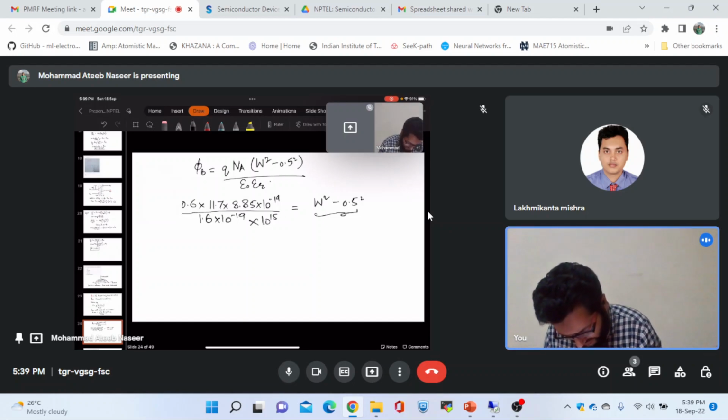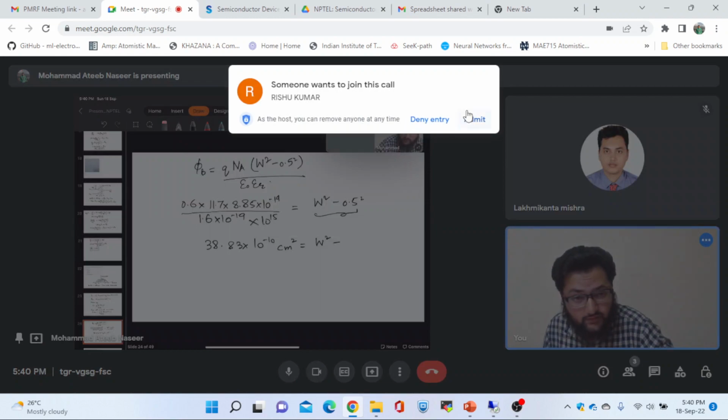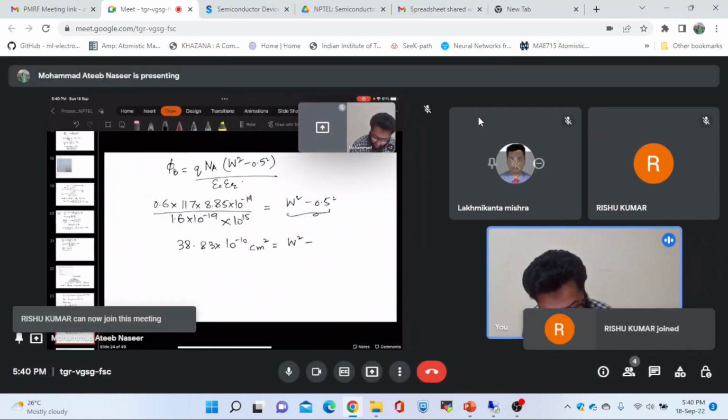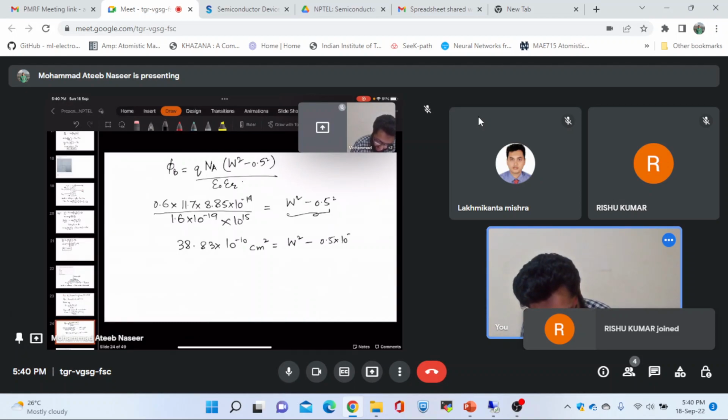So it would come out to be equal to 38.83 into 10 raised to the power minus 10, but this is in centimeter square. So this is W square minus 0.5 square. This is 0.5 into 10 raised to the power minus 6 meter, squared.